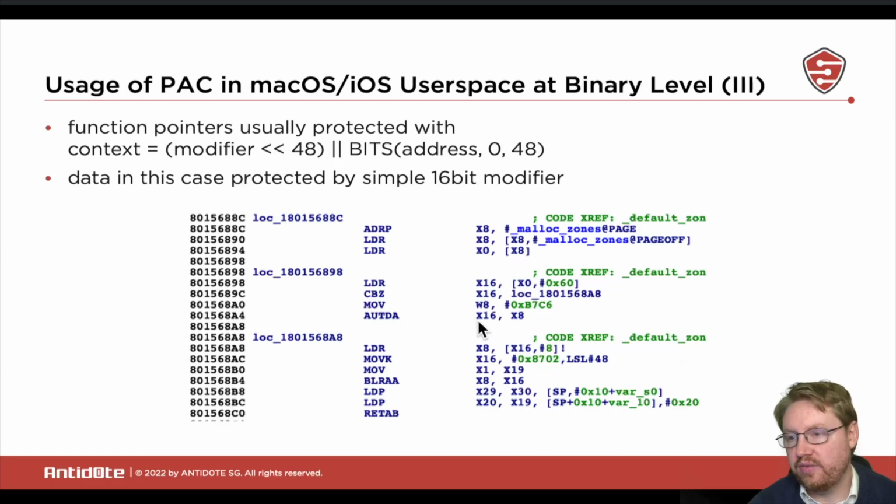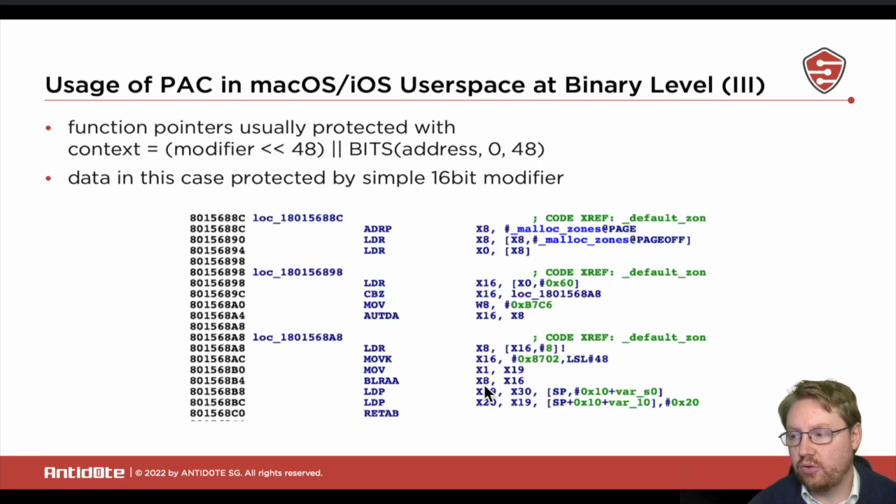So once it's read this and authenticated this pointer, it will then read inside this function pointer table. It reads at offset 8 and then branches to this function and uses x16 as the context. So what is x16? First of all, when you look at this instruction here, you will see that x16 is actually the address of the function pointer that we are reading.